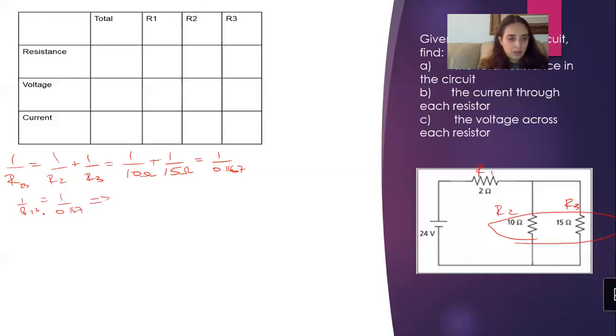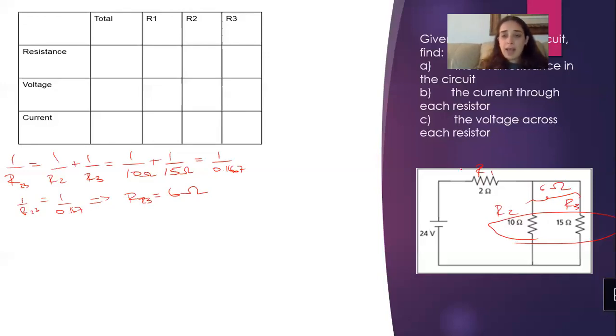And then I cross multiply and I end up with, again, use your calculator for this, that the total resistance for my circuit 2-3, so I'm going to correct that, is 6 ohms. So this quantity here is 6 ohms for my new resistor.